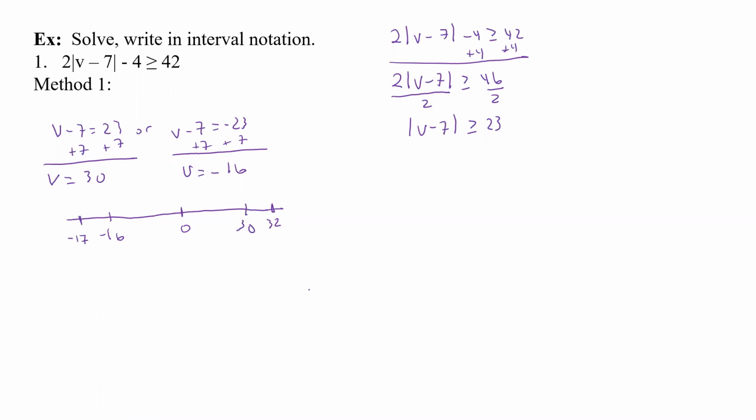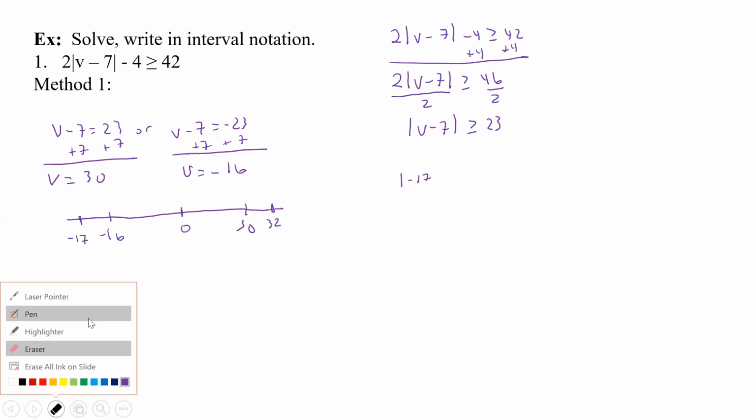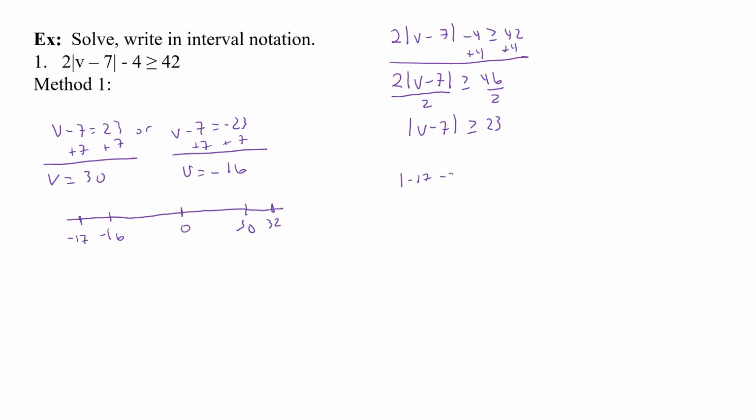We could technically work all the way down to this point and do the same thing, but it might be easier to just test it in that equation right there. So we have the absolute value of negative 17 minus 7, greater than or equal to 23.